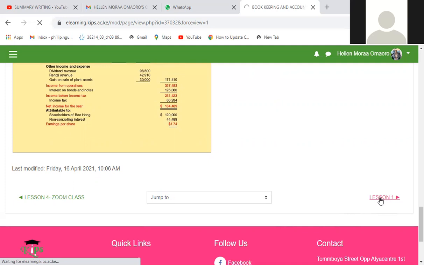I think in the balance sheet, when you are trying to do the calculations, the totals come out the same on both sides. Yeah.